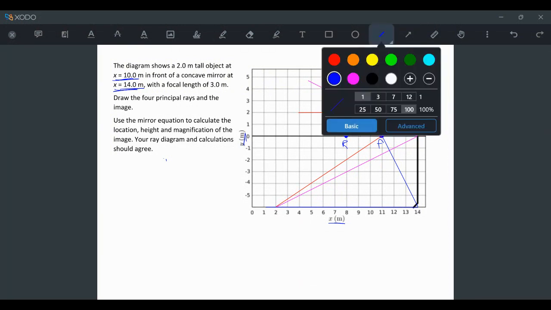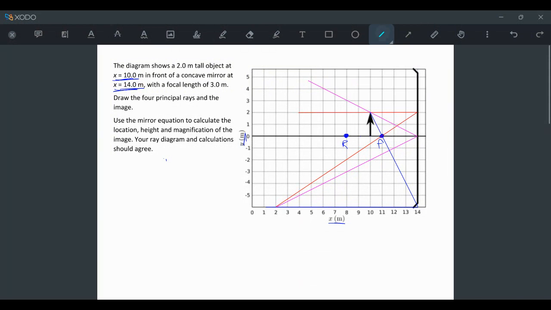And our final one, let's do cyan, is kind of a freebie, the most simple. A ray that passes through the tip of the object and the radius of curvature actually reflects and goes back the exact way it came in.